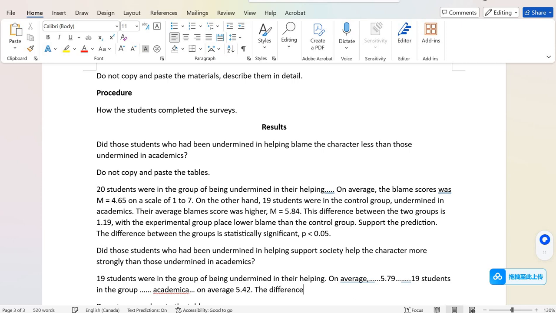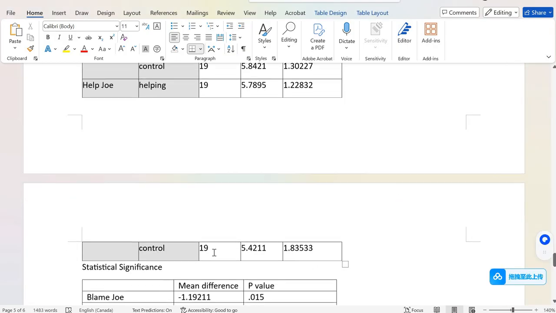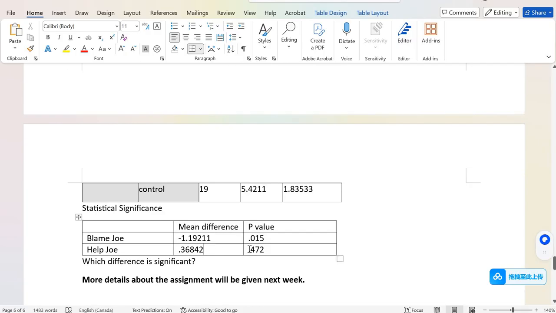The difference was small and statistically not significant. How do you know? What number shows it's not significant? P, what was the P value on this one? P value 0.47.